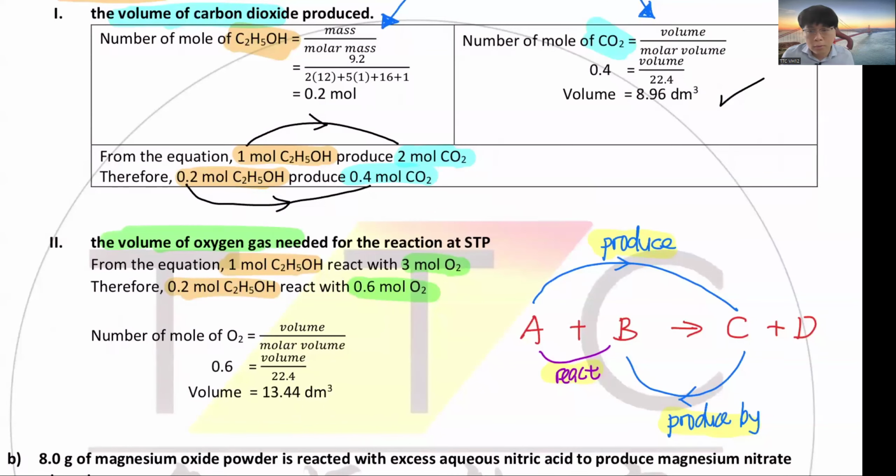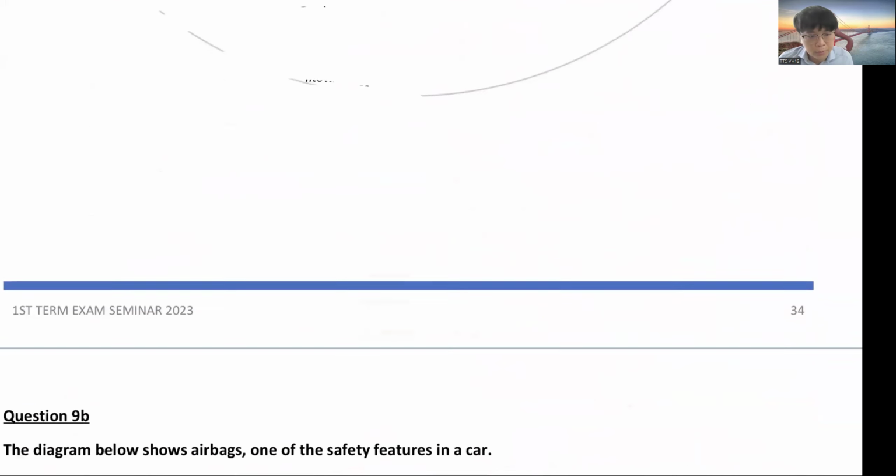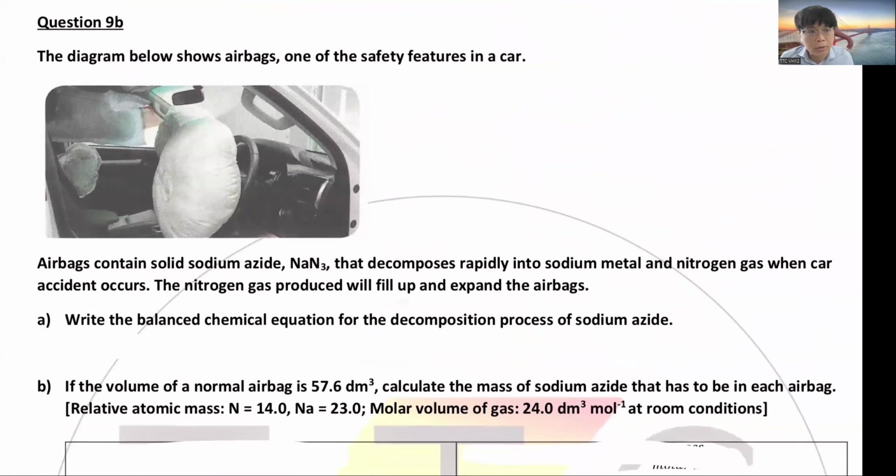Yeah. So, okay, we're going to continue the last question, the quick one. This is a question that is very popular in school exams. So the first one is, they're going to give you this chemical, NaN3. Then they say that it decomposes rapidly into sodium metal and nitrogen gas.